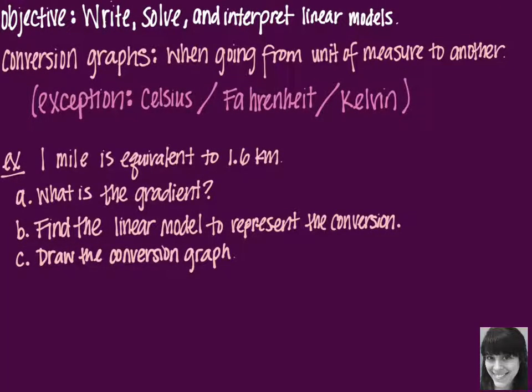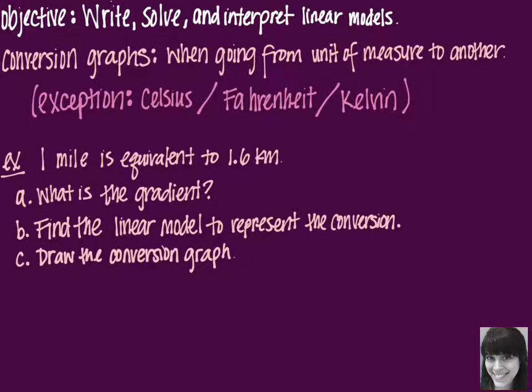So, conversion graphs, when you're going from one unit of measure to another, you'll use a conversion graph. Basically, what that means is that your y-intercept, your constant in the linear model, f of x equals mx plus c. The c will be 0, so you won't see it there.